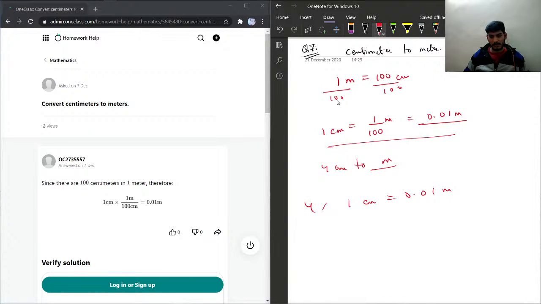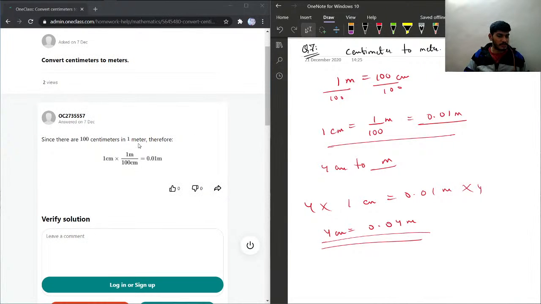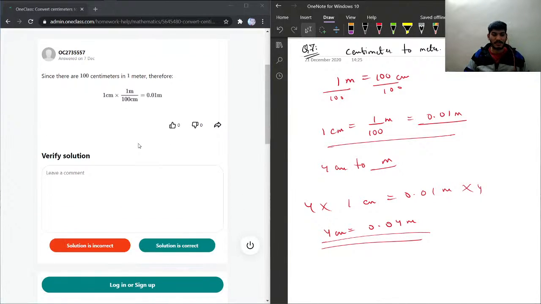So for 4 centimeter, I'll just multiply both sides by 4, and this will become 0.04 meter. And that is pretty much all for this question, because this is a very basic question. So correct solution. Good work.